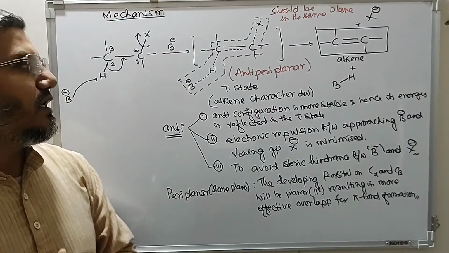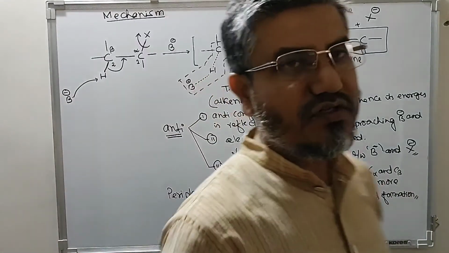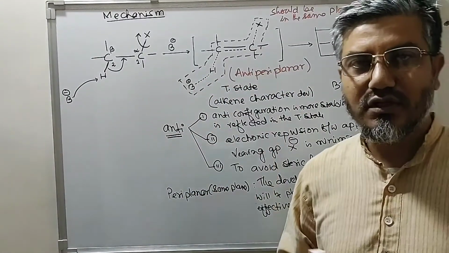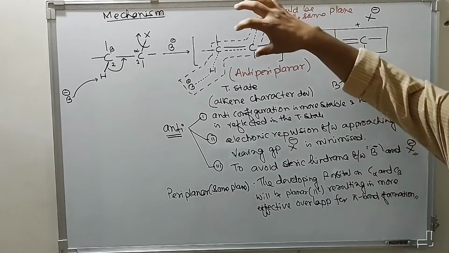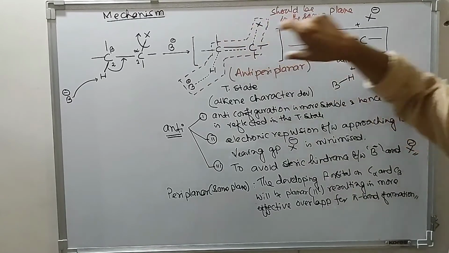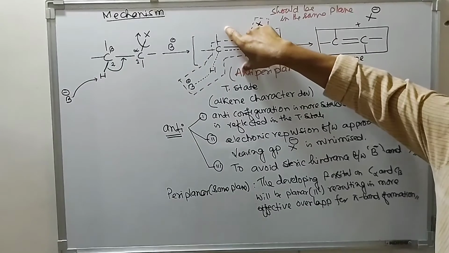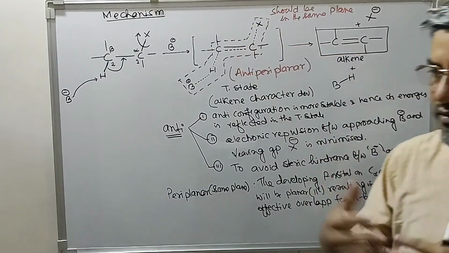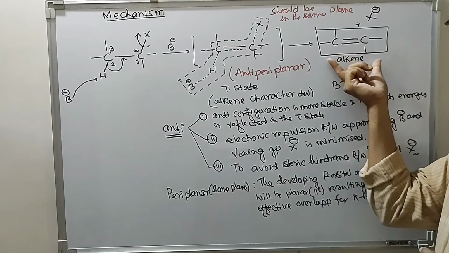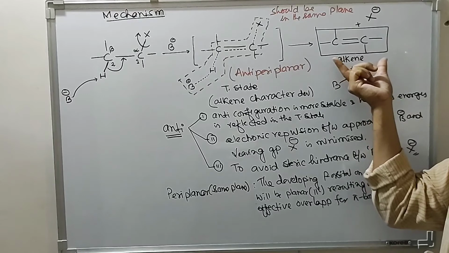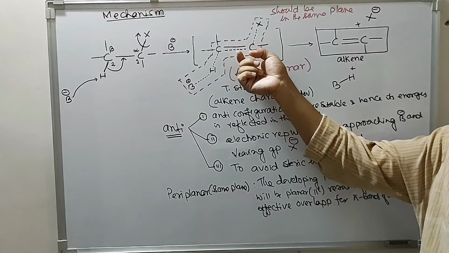That means any factor which increases the stability of the transition state will lead to the increase in the rate of reaction. So the factors that increase the stability of alkene will also increase the stability of transition states. I am repeating the sentence: any factor that helps in stabilization of alkene will also increase the stability of transition state.